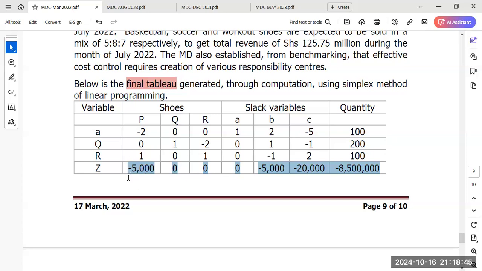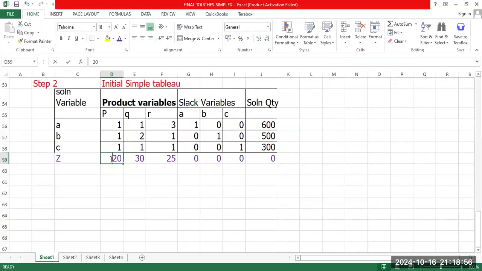If the final tableau values were positive, we could change these values here and put negatives, like that. But the fact that our final tableau in the question has negative values means you cannot start with negative values. I hope, colleagues, you have picked what I'm trying to mean.